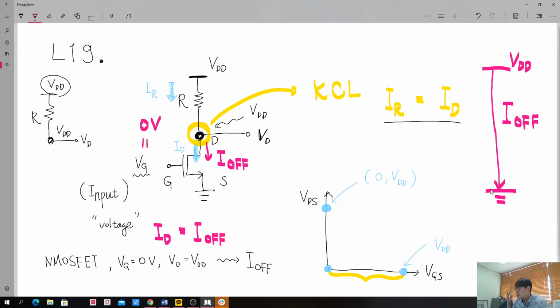Quite similarly, what would be the power dissipated by this combination of resistor and MOSFET? If we have this configuration, what will be the power dissipated by this system?